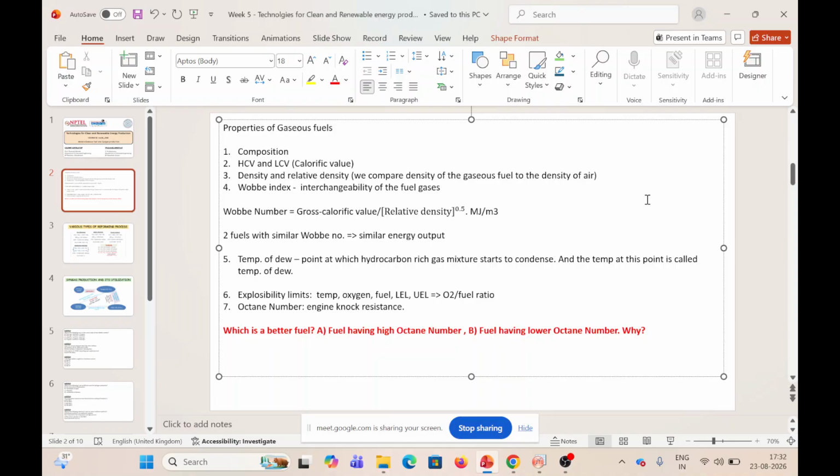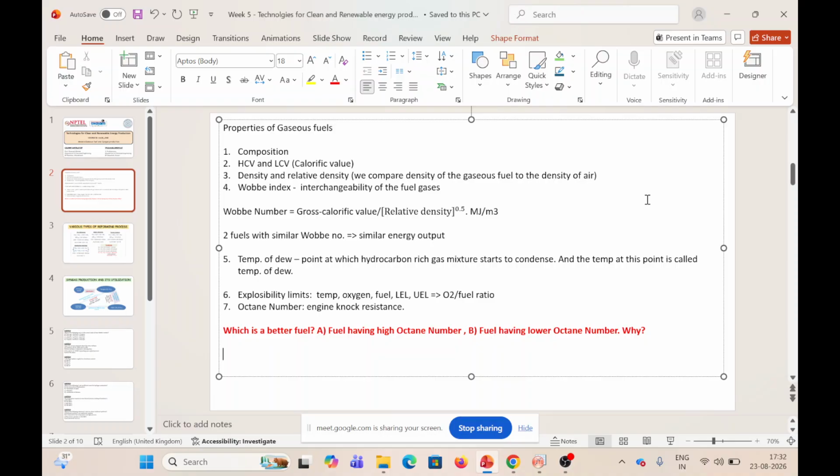Now, the major reason we are interested in learning about the gaseous fuel is because they are used for energy production. Either they are directly used for the production of energy, or they can also be used to produce some other form of chemical which can be used for the energy production. And that's what we are actually going to check.